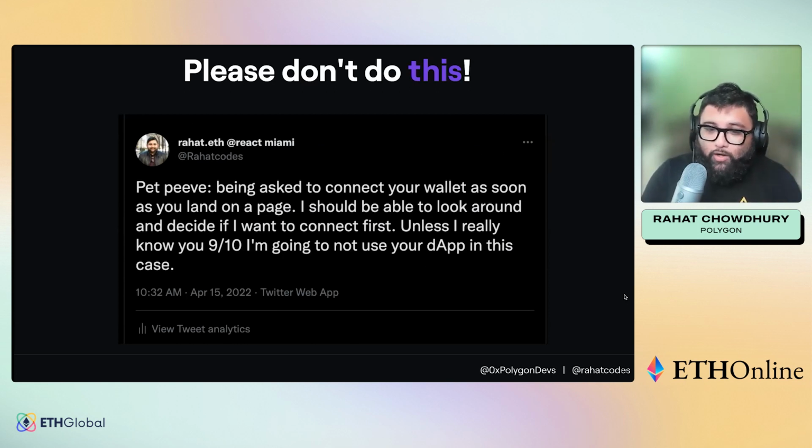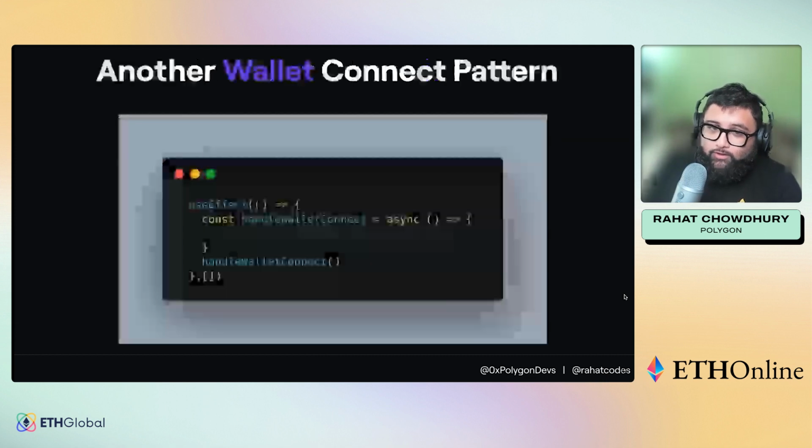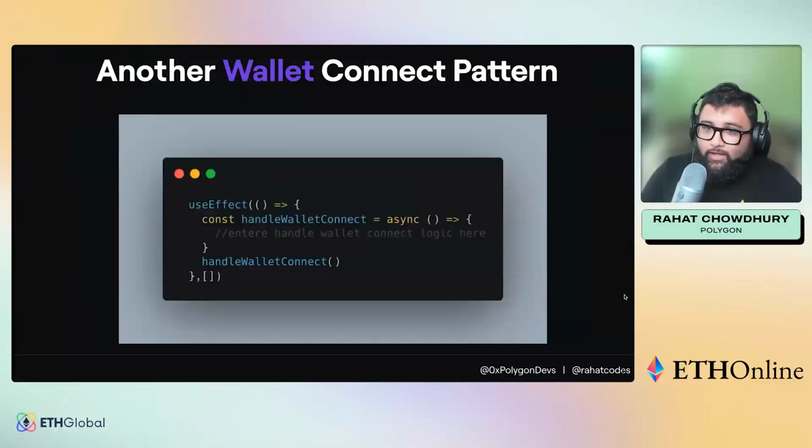And what I really want to drive home with this pattern is that what you're essentially doing here is removing the ability for your user or your customer to give consent to actually connect to their wallet. Yes, they can go into MetaMask and reject it, right?